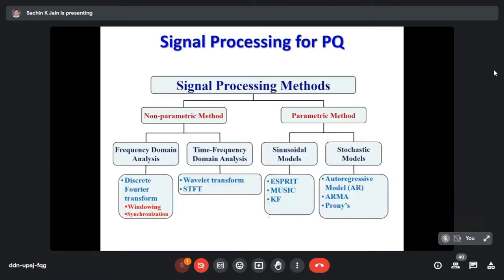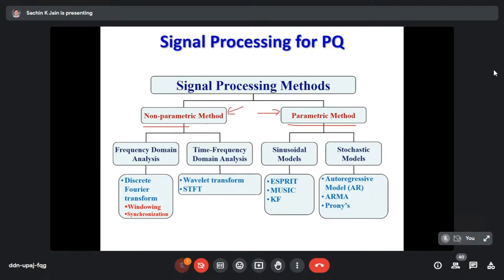Now we'll come directly to what are different signal processing methods. It could be defined in two broad categories: non-parametric methods or parametric methods. Non-parametric methods means the methods which are non-parameterized, means not model based.